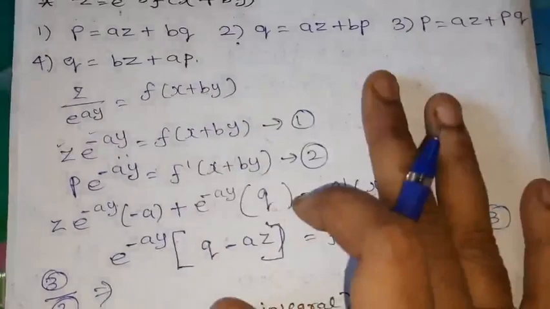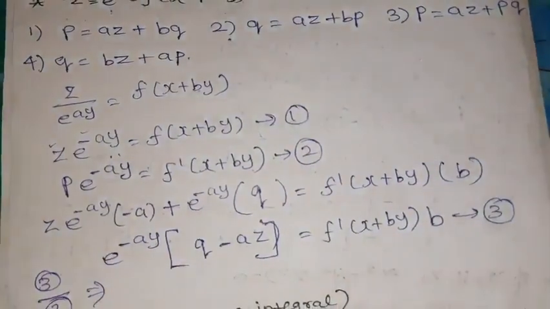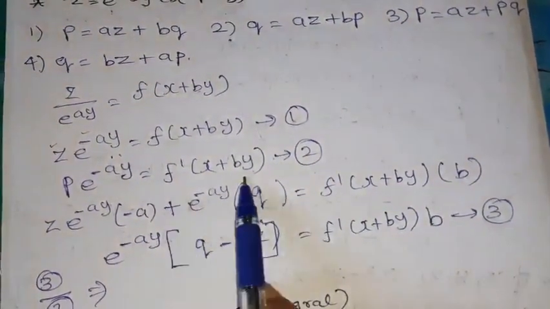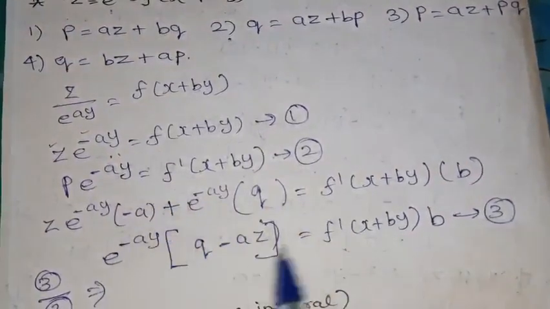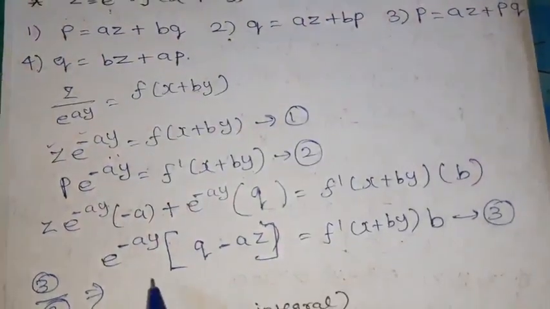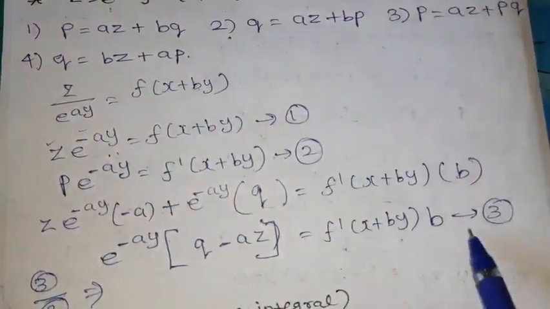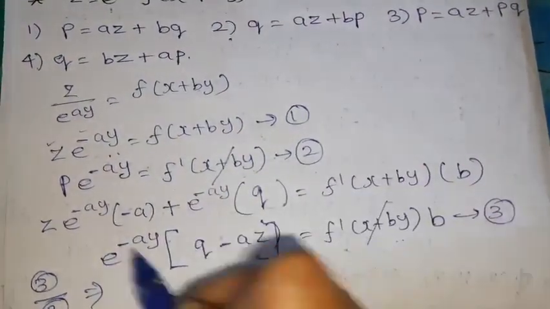I just compared with the options. We cannot simplify further. The f dash of x plus by and the e power minus ay terms are common in both equations. So equation 3 by 2: this term and this term get cancelled.